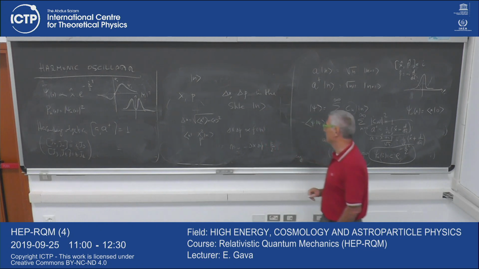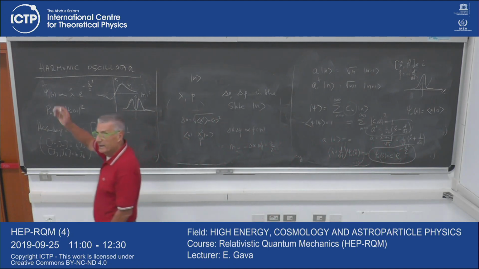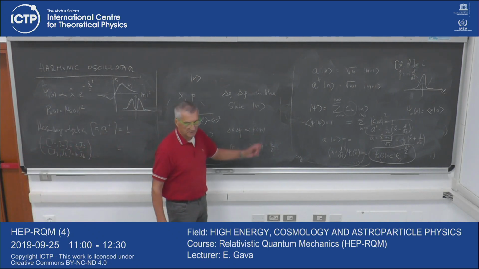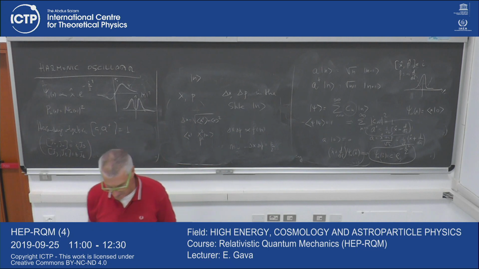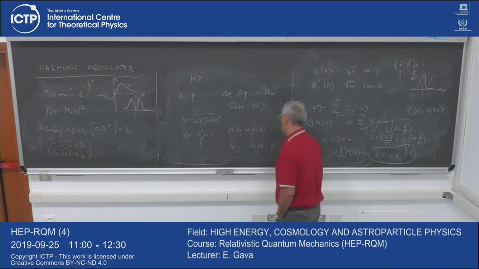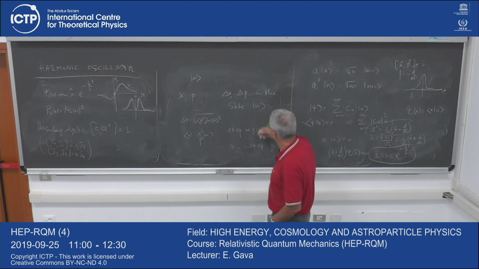This is what I would expect for n equal to 0, but for higher n's this should grow, not remain the minimal one. It should go linearly with n, proportional to n. This is what you should get.